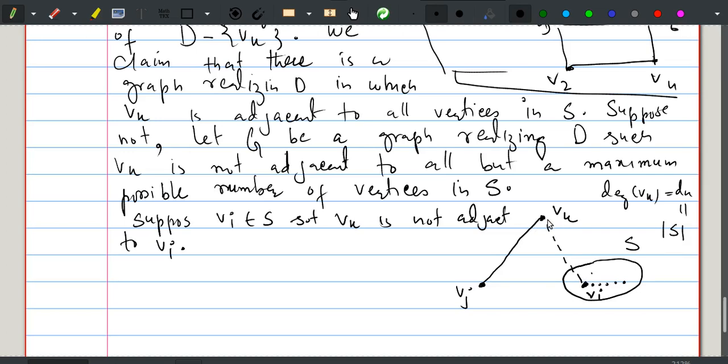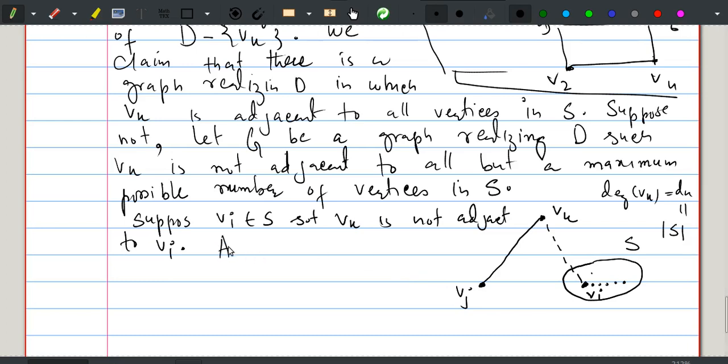Those dk edges will not come from the set S alone, because Vi is not adjacent to Vk. So there must exist a vertex Vj which is adjacent to Vk.